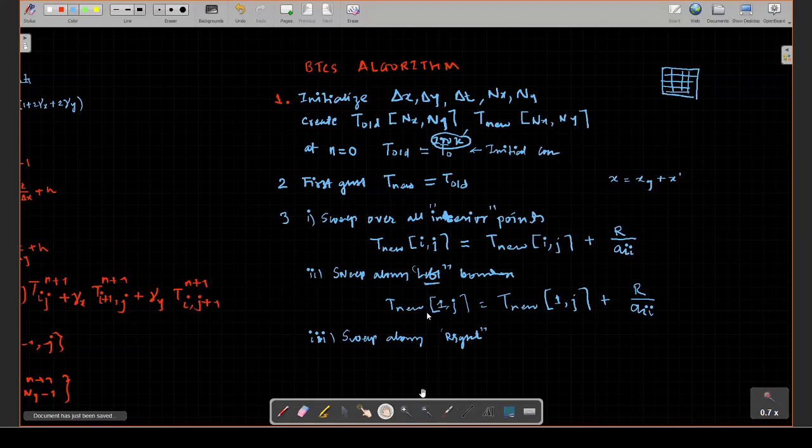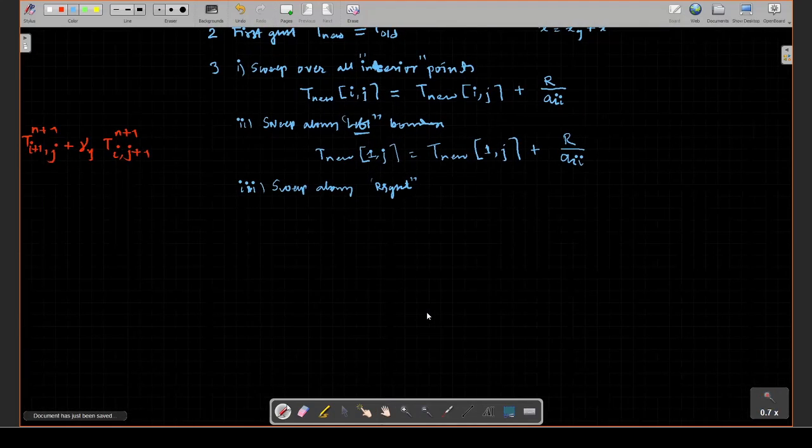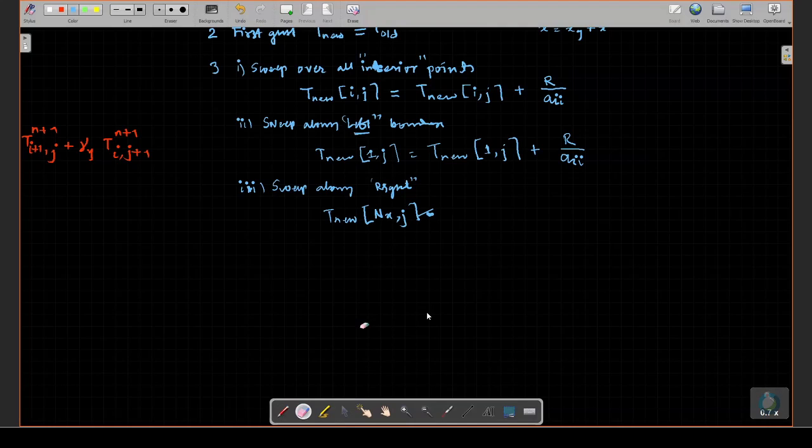For the right boundary, you write again T new nx comma j equals T new nx comma j plus r over ai. This r comes from the right boundary condition equation, equation number 3.